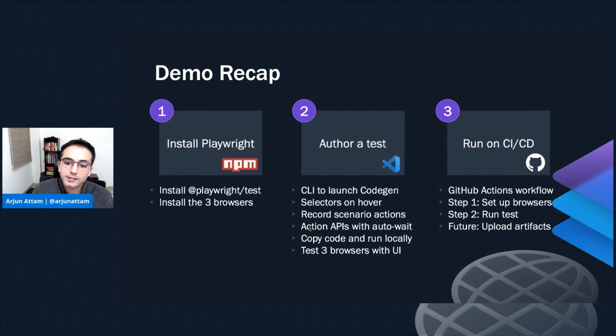And we used APIs that had auto-wait conditions in them, so we didn't have to worry about sleeping or timeouts or additional wait conditions that often cause a lot of flakiness in automated end-to-end testing. And then we ran those tests locally. We ran the 3 browsers and saw the UI. And then finally pushed that to CI/CD and ran that on our GitHub Actions workflow.